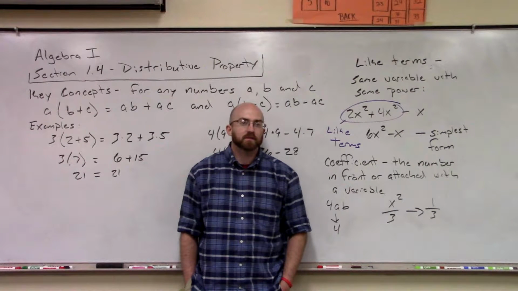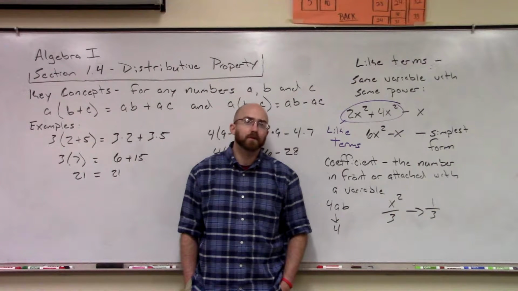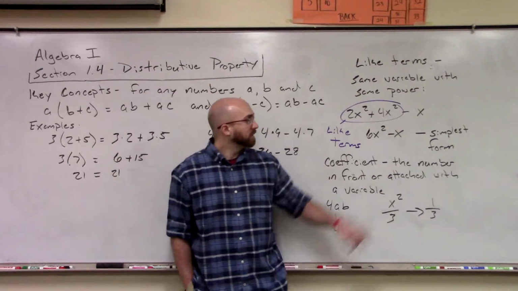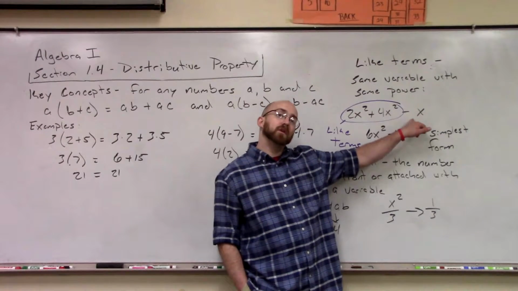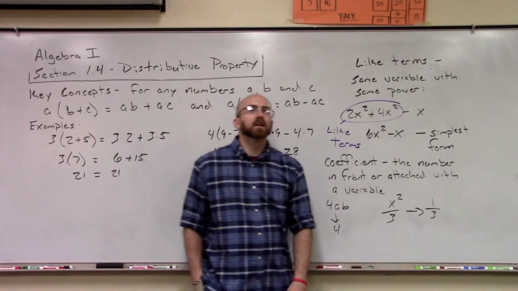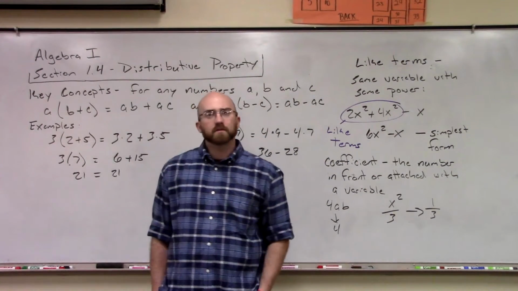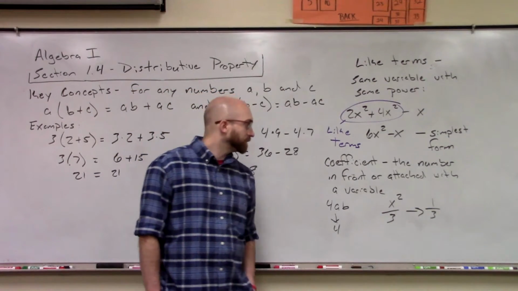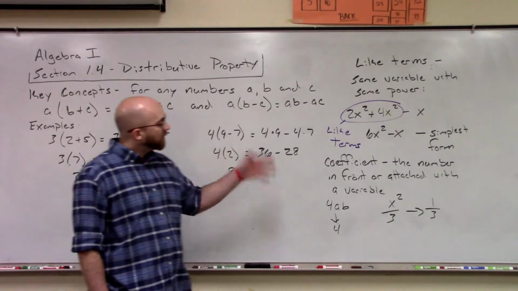Mostly your coefficients will be either multiplying or dividing the variable. You'll never get a coefficient that says 2 plus x, because then the coefficient of that x is just 1. For example, this coefficient is a 1. I know it's not there, but if you saw it, remember from the properties of real numbers, 1 times anything is just that thing. So there's your notes.